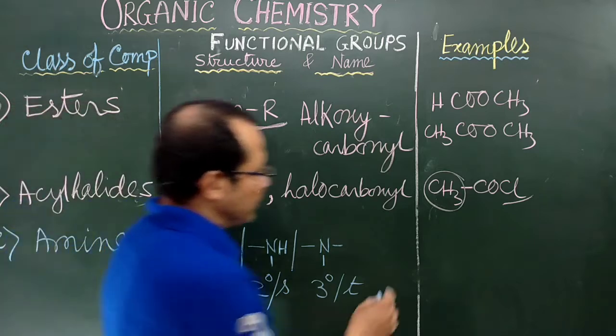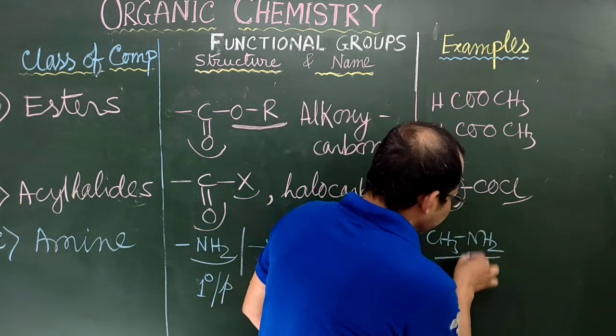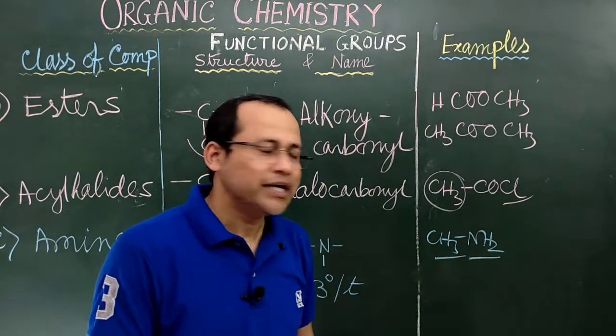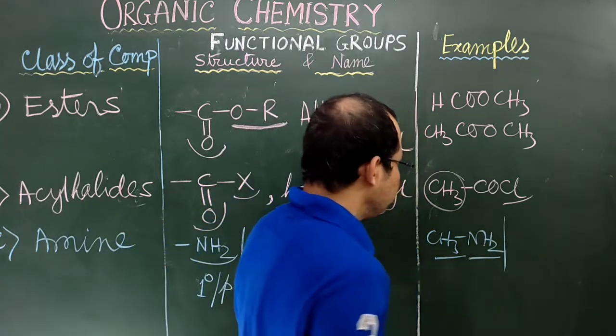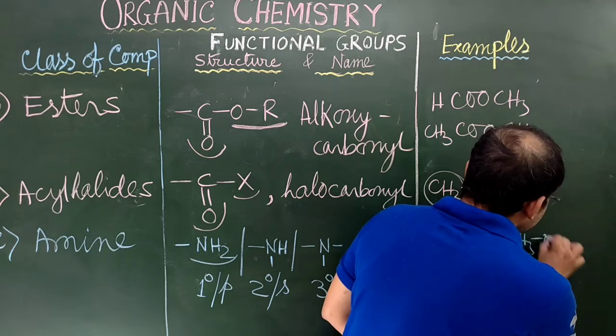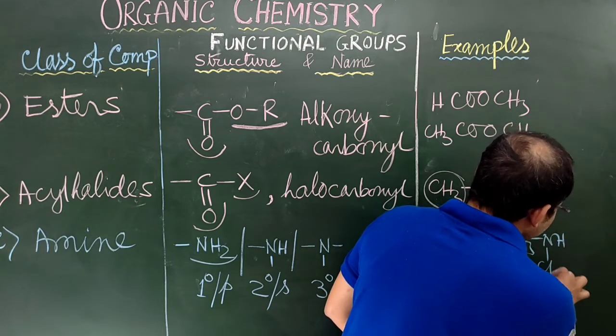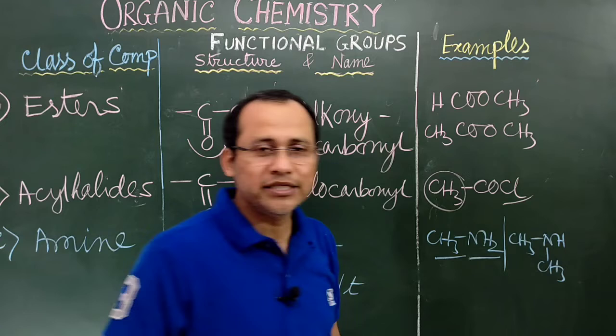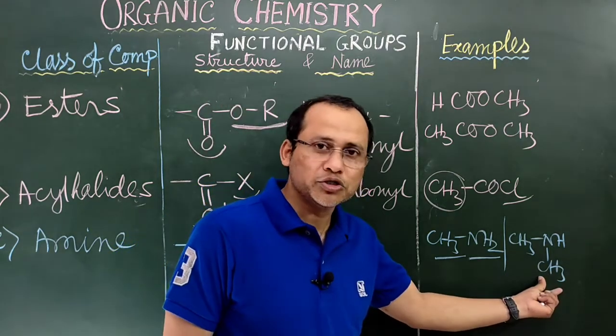Now if we write down one example, methyl and amine collectively, methylamine. Now if we want to write down one 2 degree amine, it will be CH3NH, and then this is CH3 again, something else may also be there.